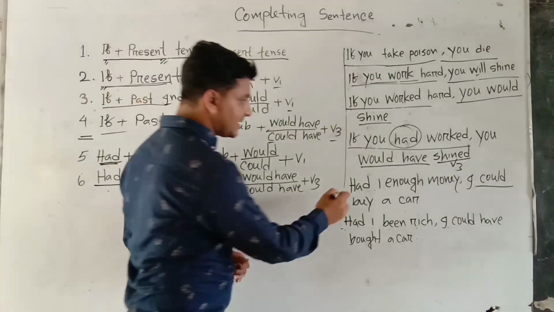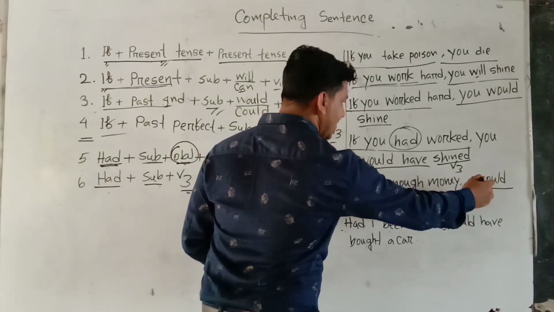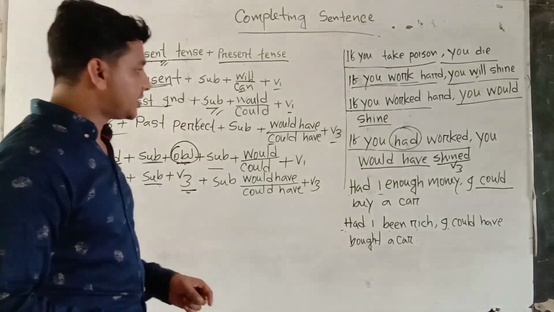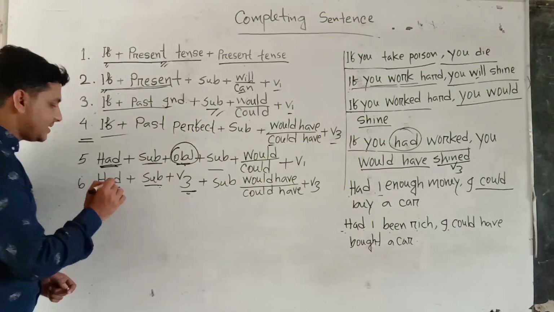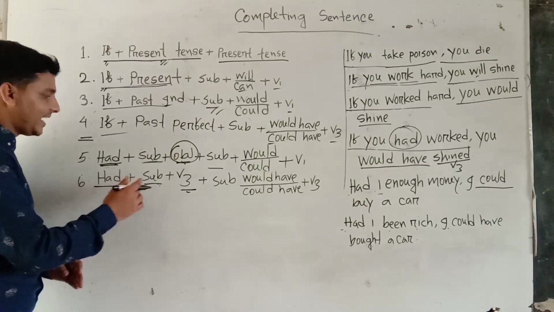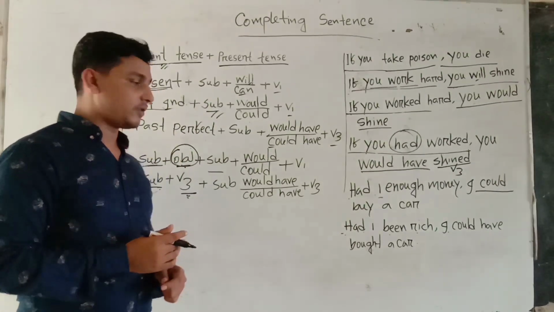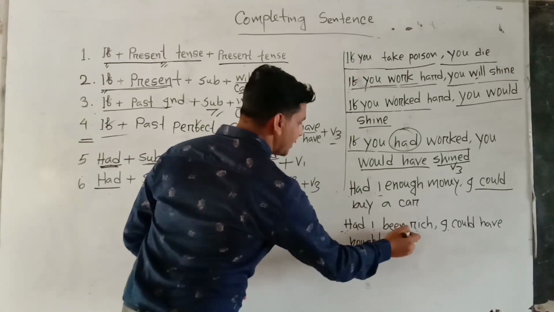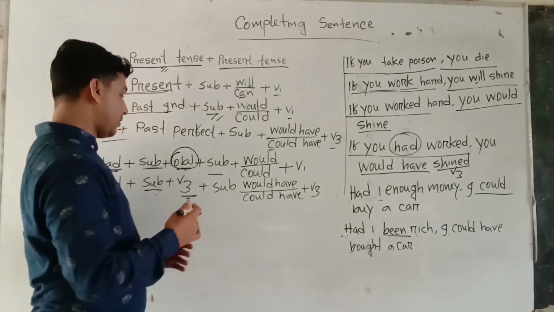The example will be like this: had I enough money. After the subject there is no verb, so I have put the other part in the format of the second conditional: I could buy a car. Whenever a sentence starts with had, and after the subject there is a verb in the past participle form, like this: had I been, this verb is in the past participle form.